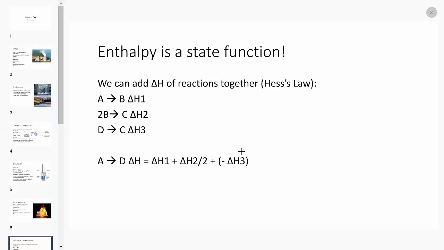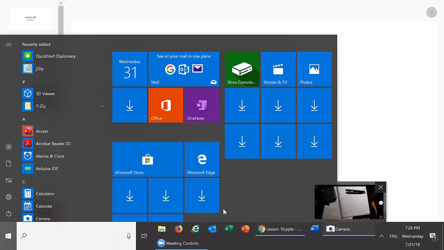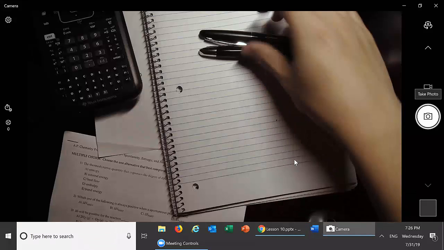So I forgot to add the divide by 2 here. Right. So let's imagine it this way.